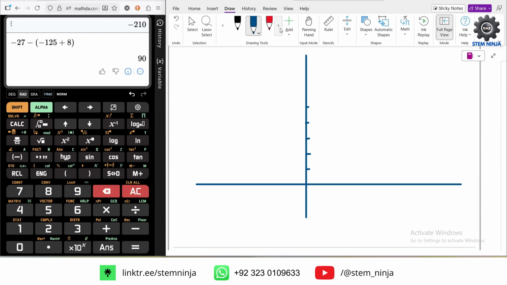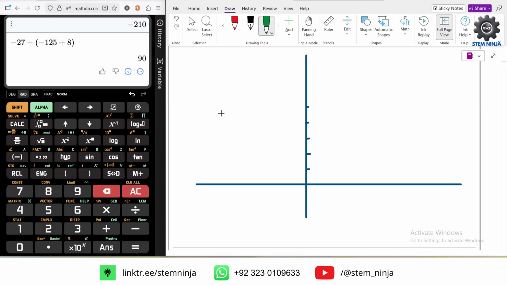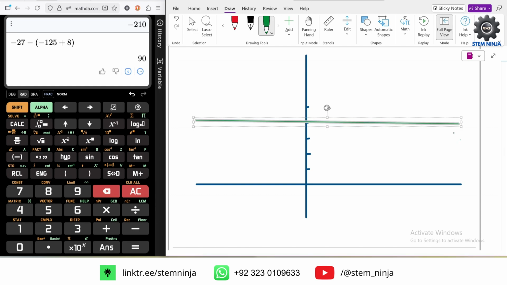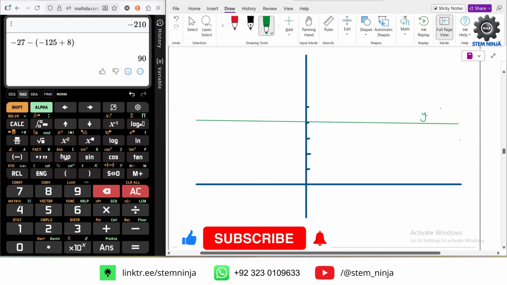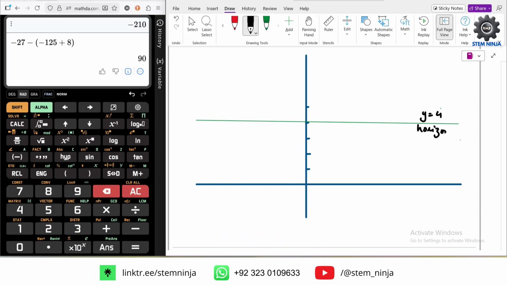So if it is a to the x plus 4, we need y is equal to 4 to be our horizontal asymptote. We will make it a dotted line in a second. So this is our y equals 4 horizontal asymptote.